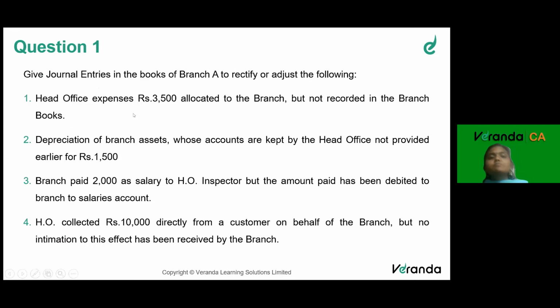Head office expense of rupees 3,500 allocated to the branch. Whose expense is this? This is an amount given by head office to the branch for their stationery or administration or whatever. It is not specific: head office expense given to the branch. Since it is not recorded, what has to be debited and what has to be credited?